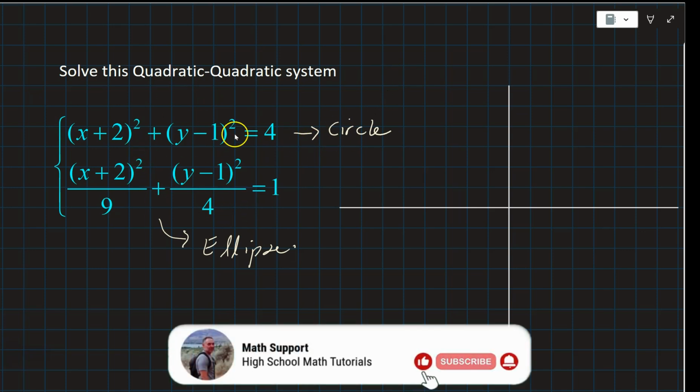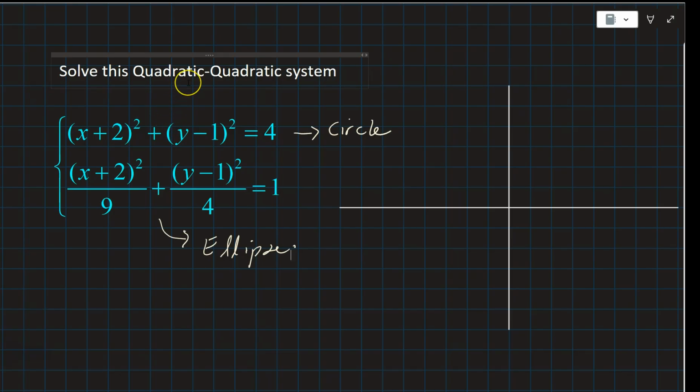Now we're going to start with the graphic solution, and we're not going to use technology because this is straightforward. So let's go ahead and do this. The first thing that we're going to do is graph the circle. Let's number these, number 1, number 2.